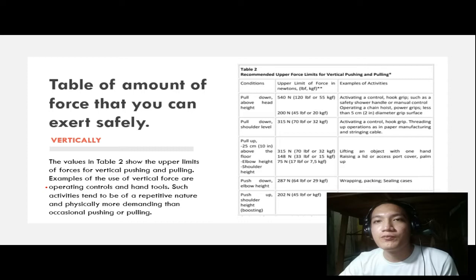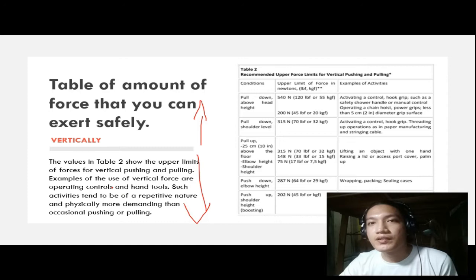Kung sa table 1 is horizontal, table 2 is vertical, ibig sabihin up or down. So examples of the use of vertical force are operating controls and hand tools; such activities tend to be repetitive in nature and physically more demanding than occasional pushing or pulling.